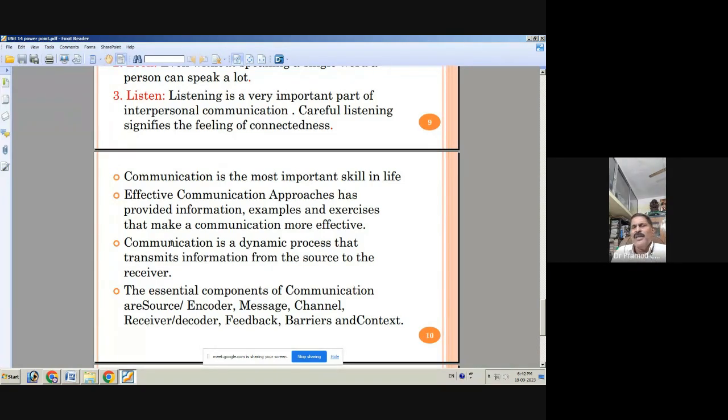It will be more interesting. So effective communication approaches provide information, examples and exercises that make the communication more effective.